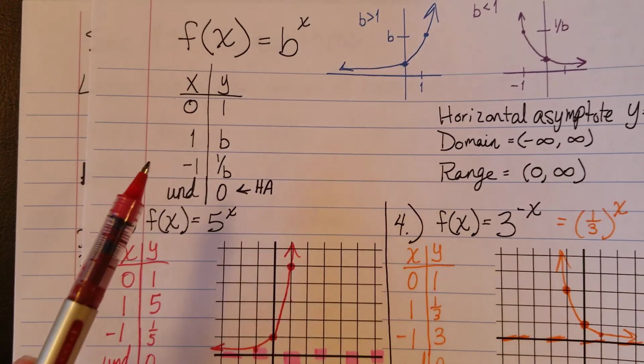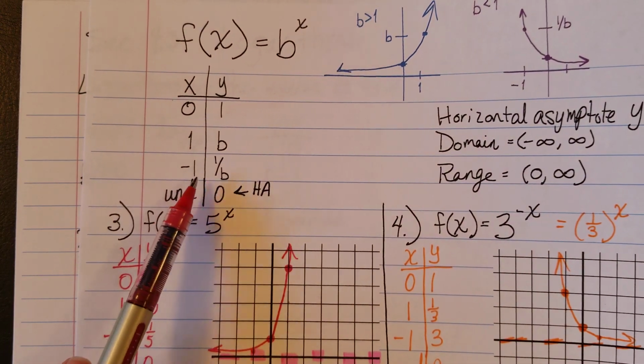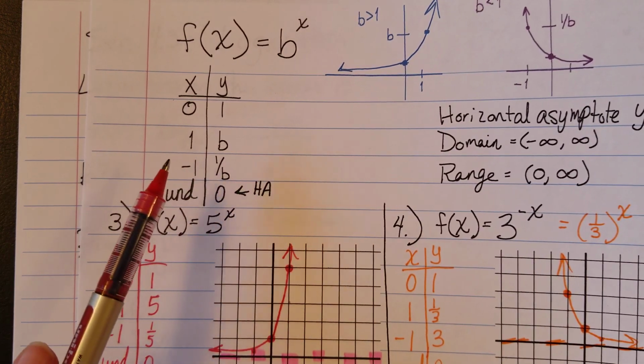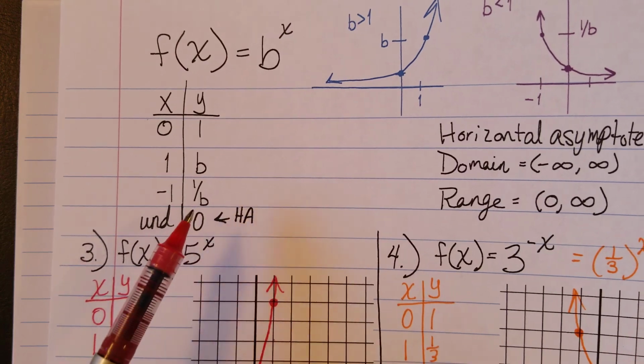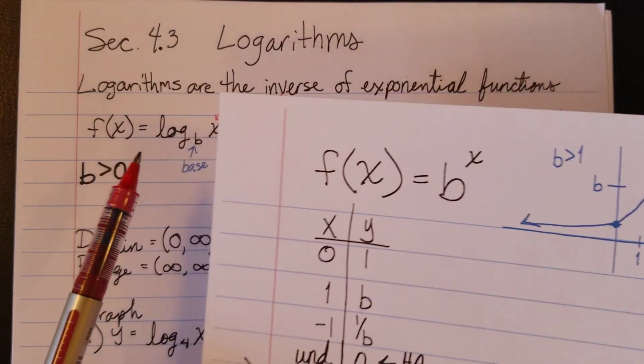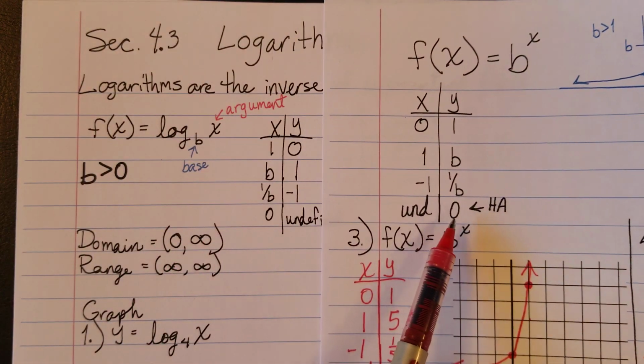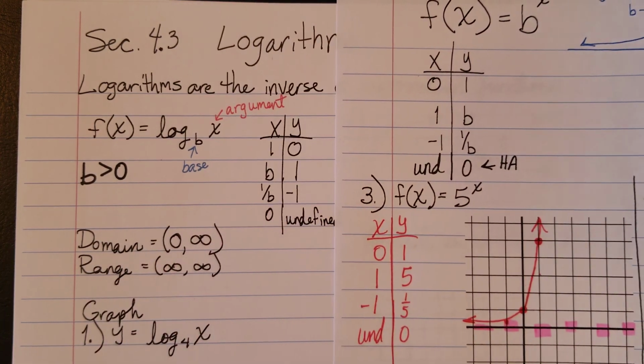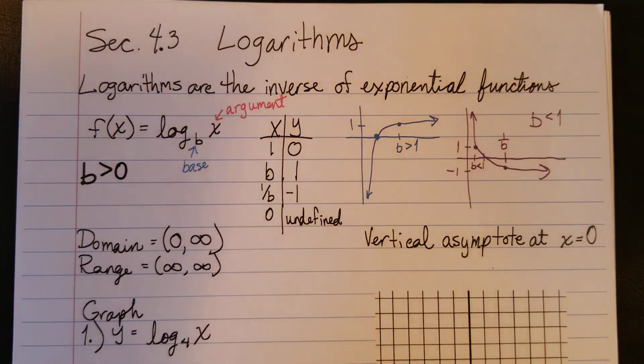Once you know that, you just switch the columns of that table to get the log table. So everything is just switched between the logs and the exponentials.